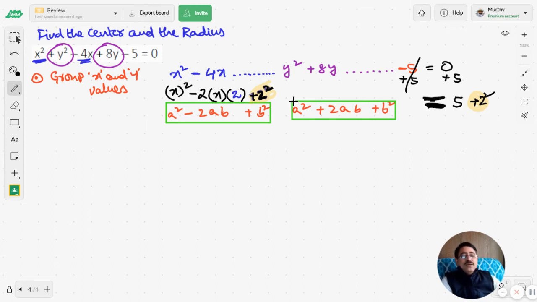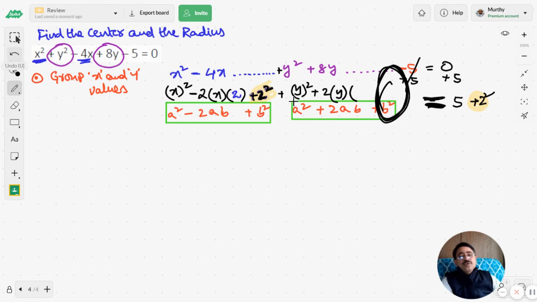Okay? Right. Now let's focus on the second part of the question. y square, yes, this is matching with this, plus let me try to match the values with the formula. 2 times what is a value here? y. What is b value here?